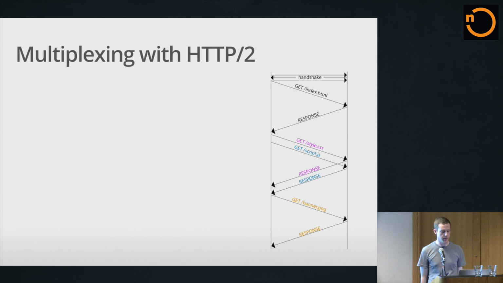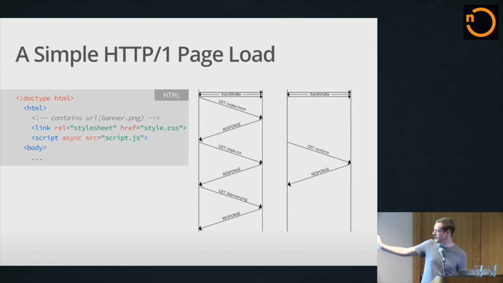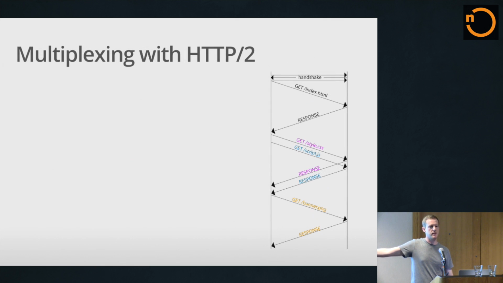So the idea with HTTP2 is let's just have a single TCP connection and just merge those two. Instead of opening a new connection, just send the request over the same connection. And it really is as simple as that. So how do you do it? Well, you just assign a stream ID. So instead of just saying, I want to send a GET request for this file, say, I'm sending a GET request for this file, this is my first request.